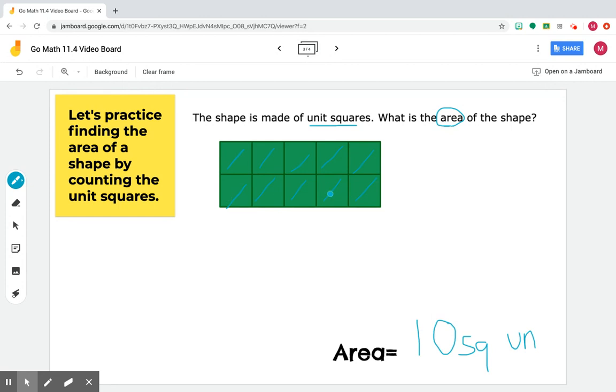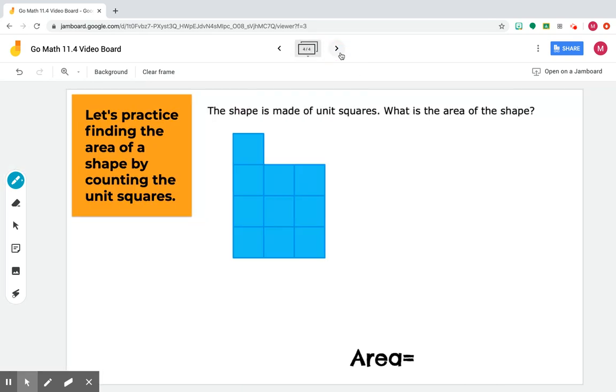And if I wanted to show the addition, I could do 5 plus 5 equals 10. Because there's 2 rows of 5.